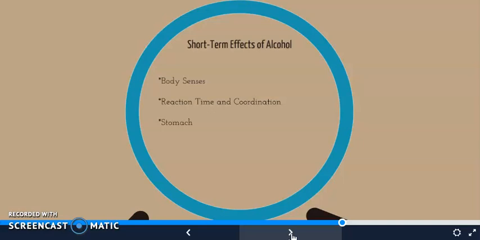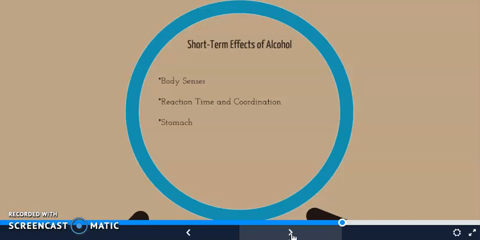The senses of sight, taste, touch, smell, and hearing are dulled as soon as alcohol enters the bloodstream and reaches the brain. Alcohol interferes with depth perception, peripheral vision, and the ability to see objects in the distance. All of these impairments increase the risk of unintentional injuries and decrease the ability to respond to unsafe situations.